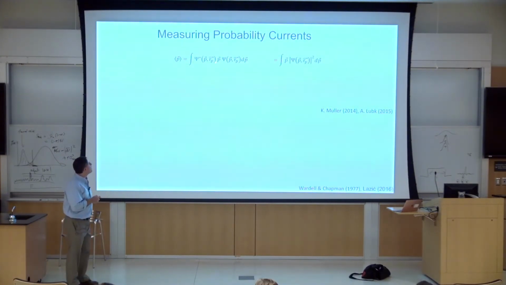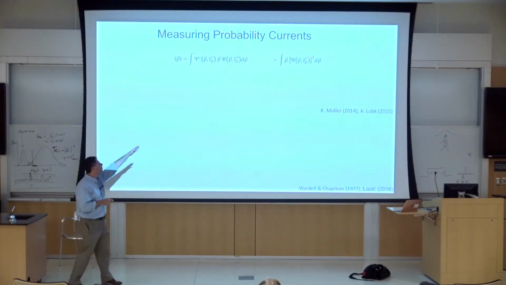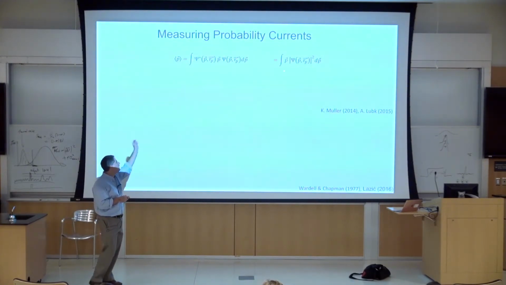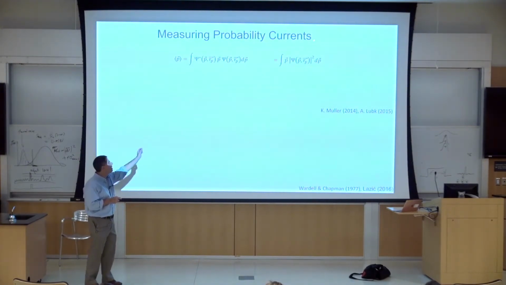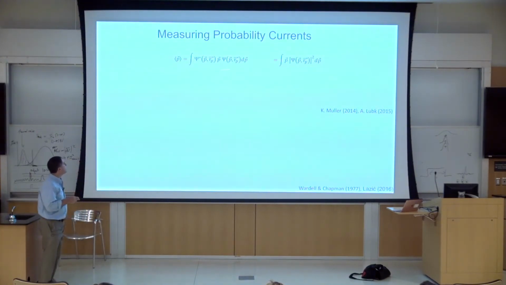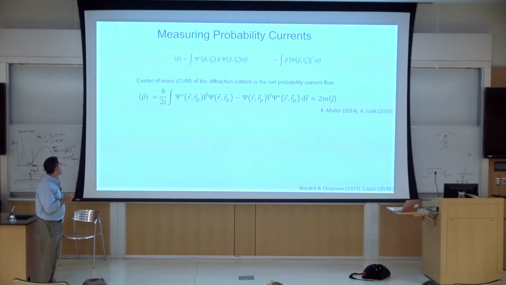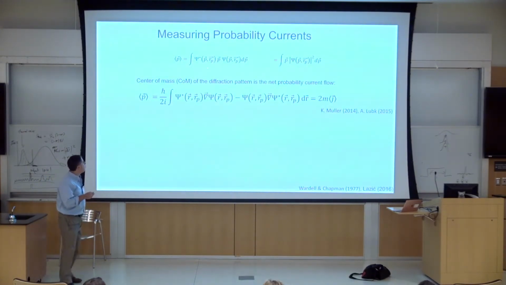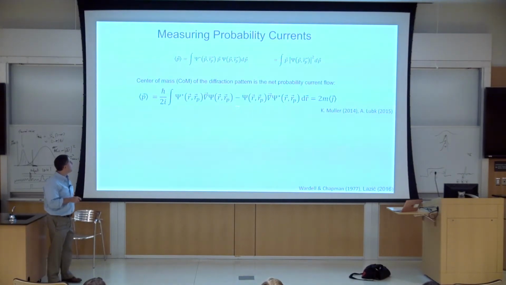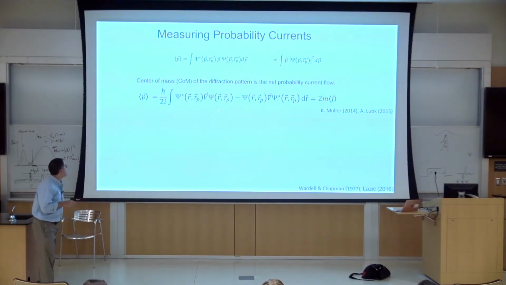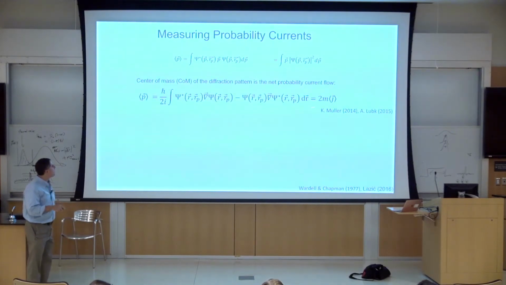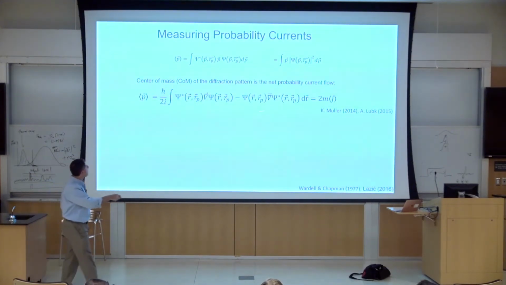Because I'm measuring it in the momentum plane, the operator commutes, and therefore I take the square of the wave function, which is the diffraction pattern, multiply it by the momentum operator, which is the pixel value, and the center of mass of my diffraction pattern is the average momentum transfer. If you rearrange this integral and write it out in real space, remember, P is minus i h-bar del. So my momentum operator, rewritten in real space, is just this thing here.